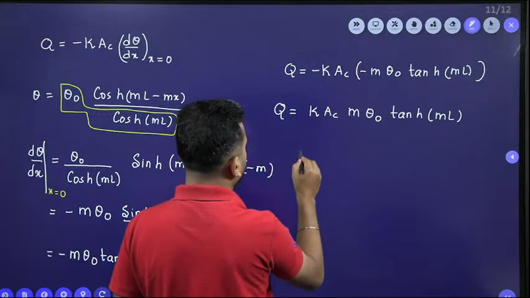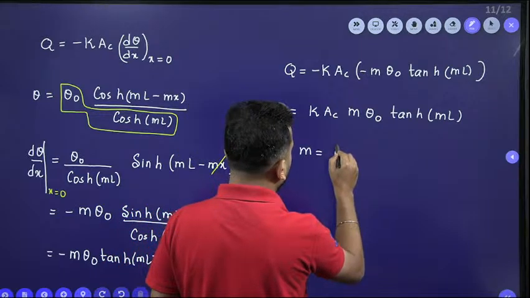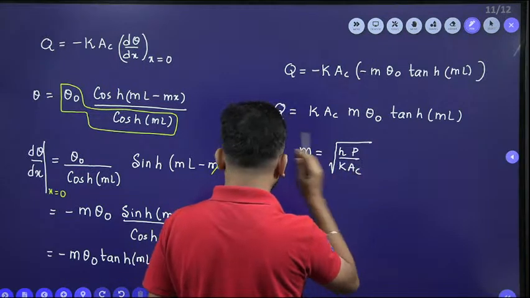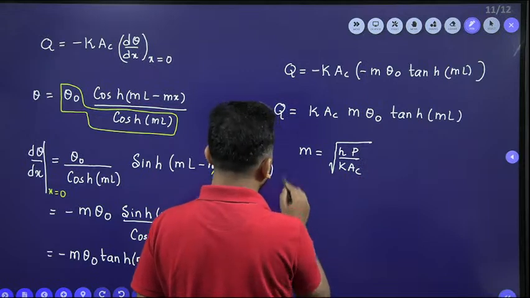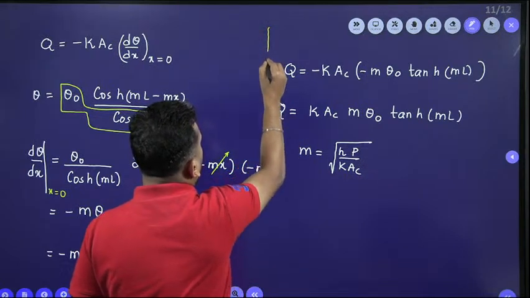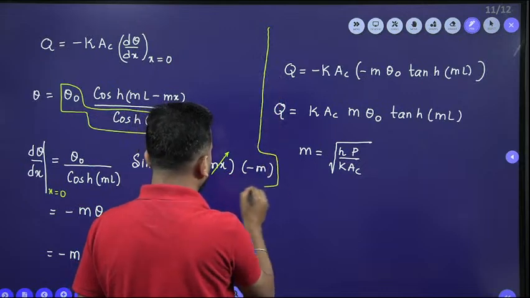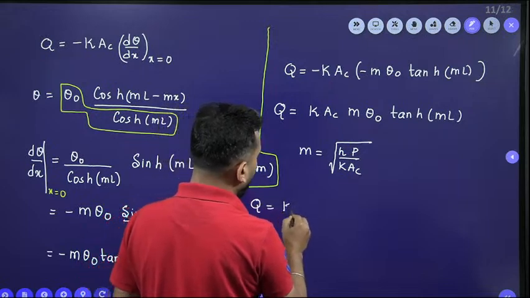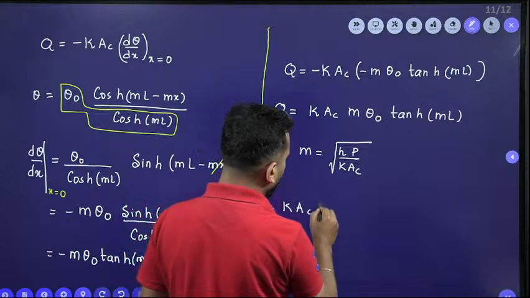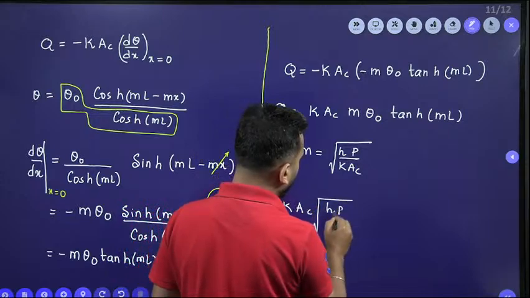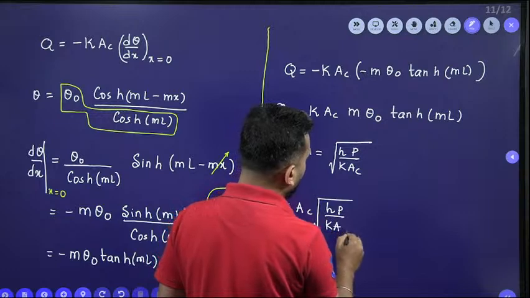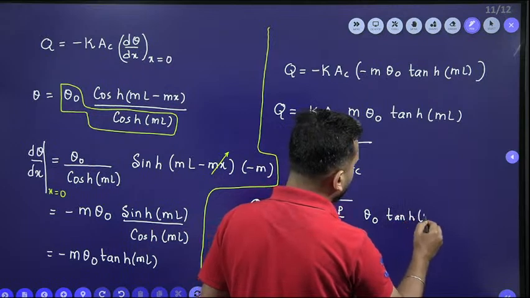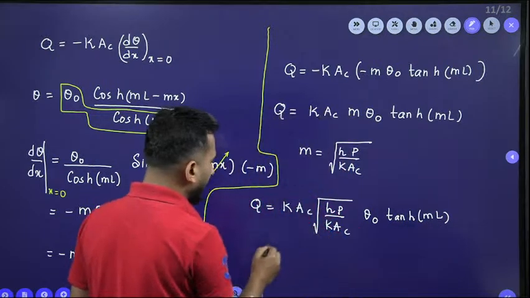M, you know, we know as root over HP by KAC. So Q will be KAC root over HP by KAC, now this I can reduce.